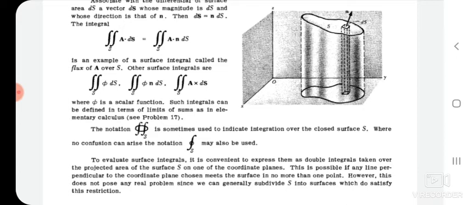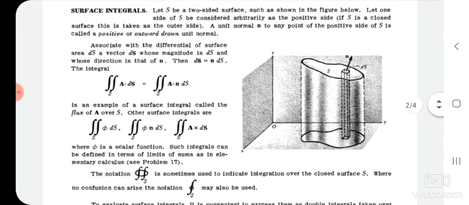However, this does not pose any real problem, since we can generally subdivide S into surfaces which do satisfy these restrictions. It means a surface integral is two-dimensional, that's why it is a double integration. A simple, logical thinking.